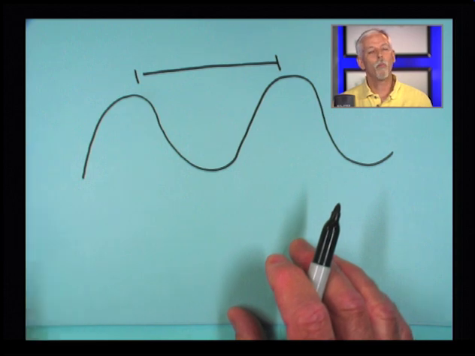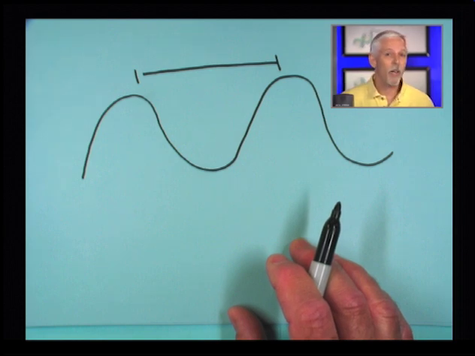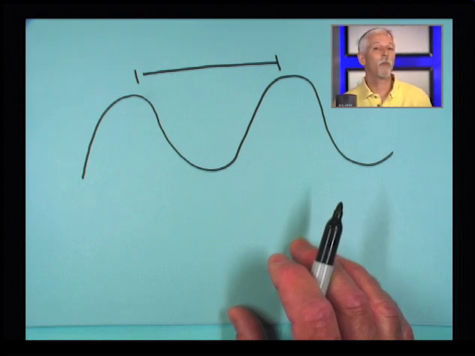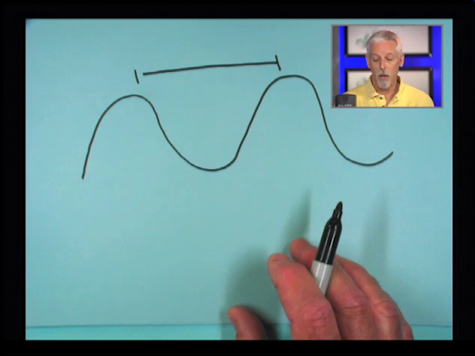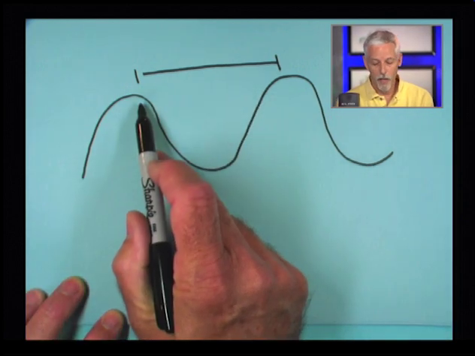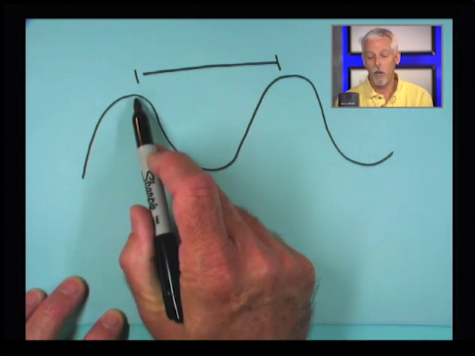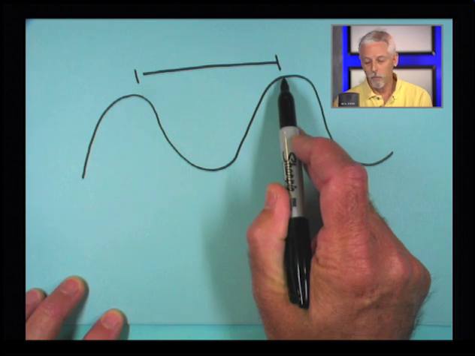So one of the things that we'll come back to is that we will be looking at the electromagnetic spectrum. It not only includes gamma radiation and X-ray radiation, but it also includes things like visible light. And so what determines some of the behaviors of different types of electromagnetic radiation is the wavelength, the length from the crest of one wave to the crest of another wave.